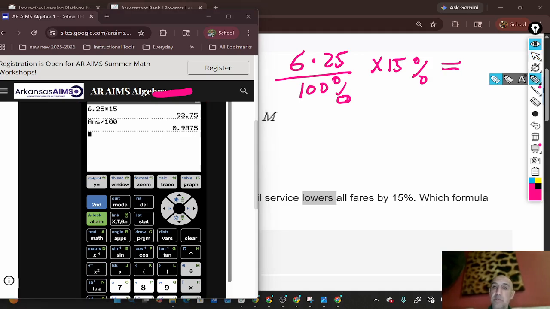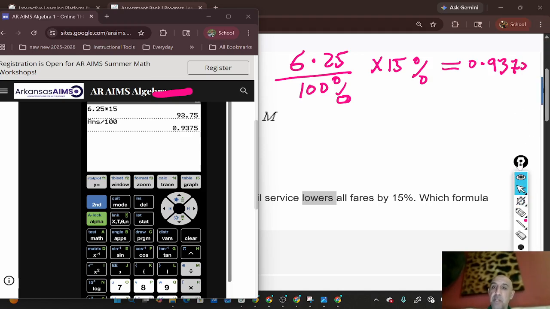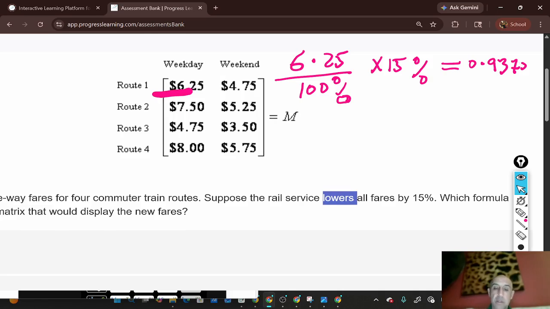So here we are talking about 0.9375. Okay, let's talk about this. So 0.9375 is the amount of money you need to take off from the $6.25.